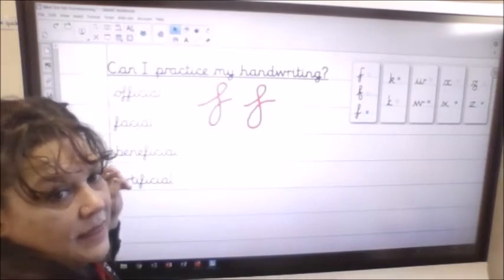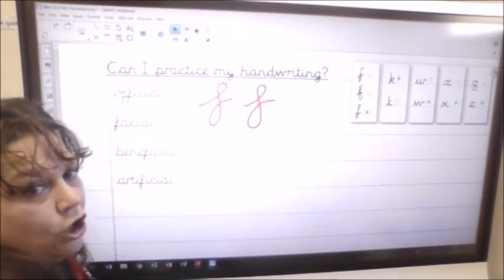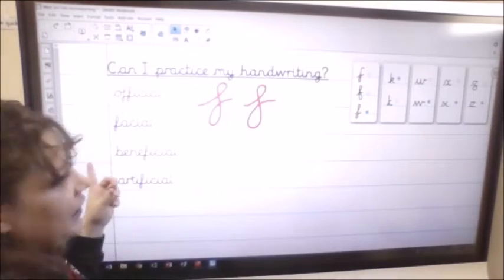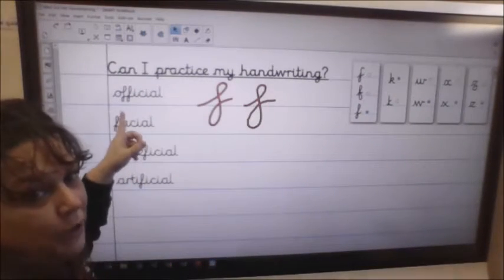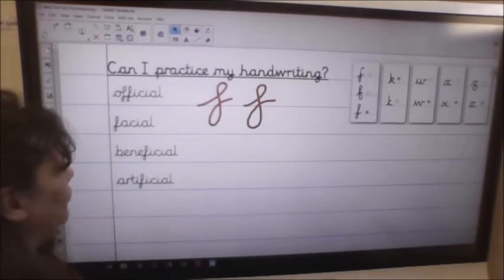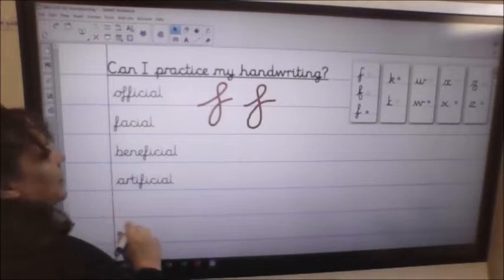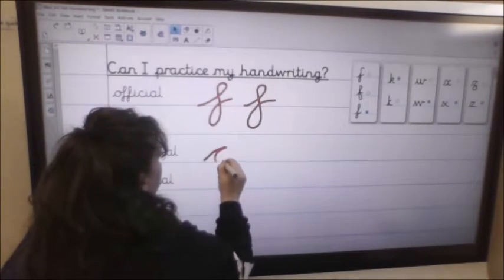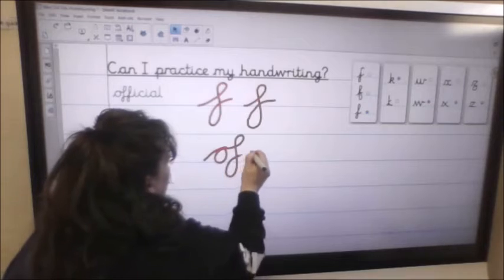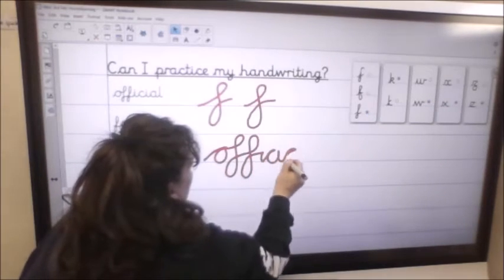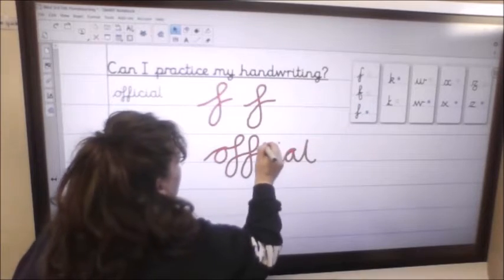Luckily, this week we have got lots and lots of F's in our spelling list. One in particular, official, has 2 F's, so that is a real challenge today. Let's have a look at how we do it. We lead into our O, then into our first F, into our second F, then I-C-I-A-L.